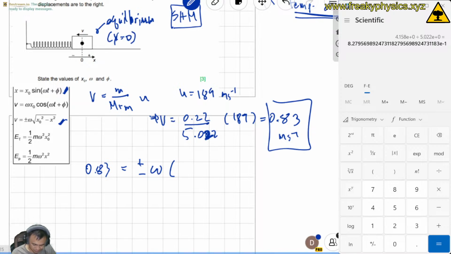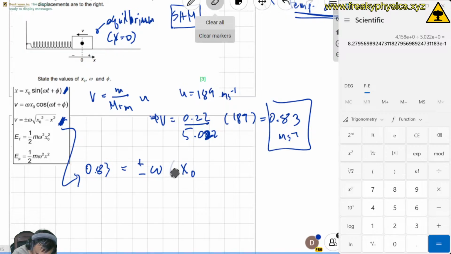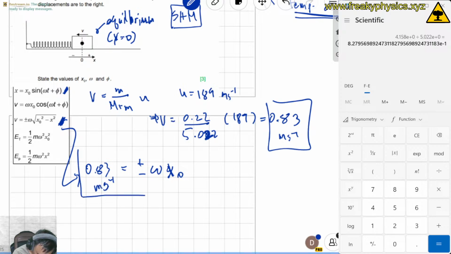So if we use this equation now, we get x0 squared minus x squared, that's just going to be x0 squared. Then the square root of that is just going to be x0. So that's the first thing we know. Omega x0. Okay, so we have 0.83 meters per second.